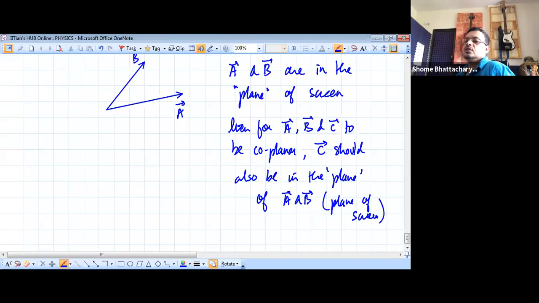So C should also lie within this plane, somewhere here or wherever, it doesn't matter, but it should be in this plane.